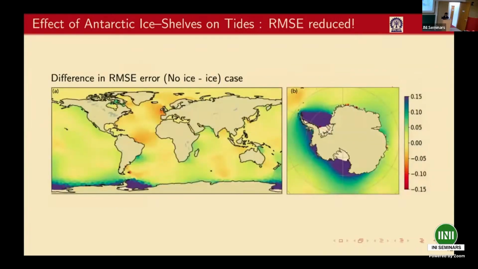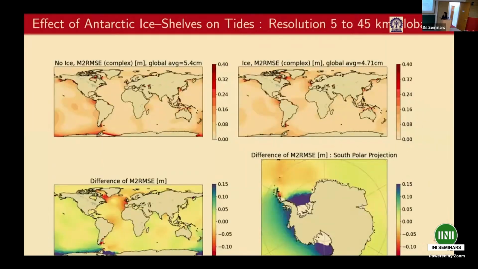Okay, so this is the difference. This is just to show that ice shelves make the errors better. This is a south polar projection.